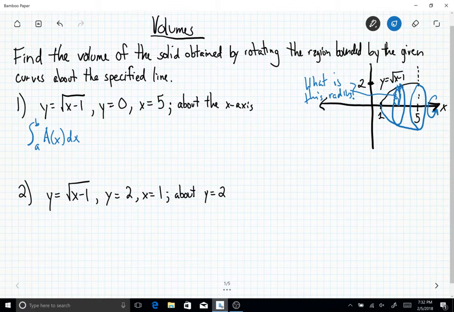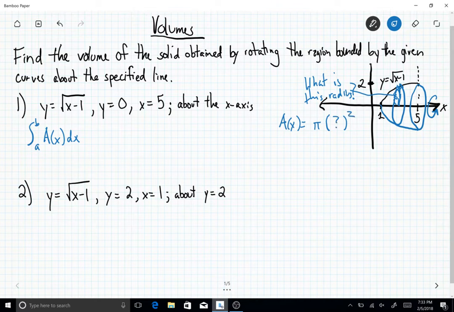Notice that equation is given by y equals square root of x minus 1. And the area of a circle, A of x essentially, equals pi, and then I'll put a big question mark here, but that's supposed to be the radius essentially, and then we're squaring it.